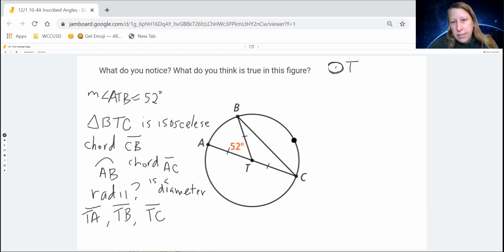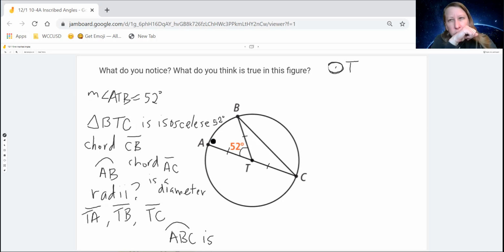What kind of arc is this? Arc ABC. How much is that? What's the measure of arc AB? It's 52 degrees, because the measure of the arc is the measure of the central angle. If this angle is 52, then this arc is also 52. But what about the measure of arc ABC?